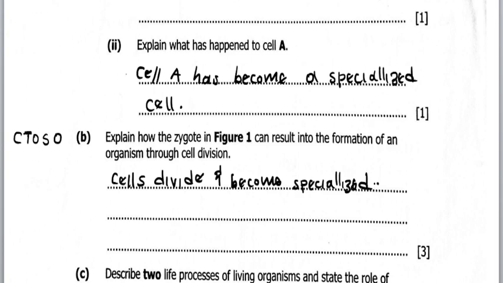Now when you're writing, you should write them in full. You say cells divide and become specialized, the specialized cells form tissues, the tissues form organs, the organs form systems which form an organism.